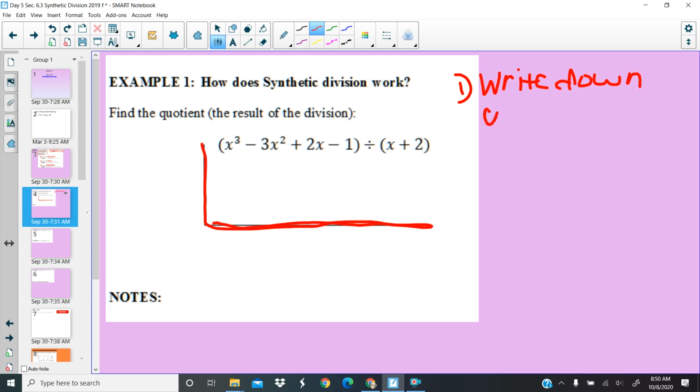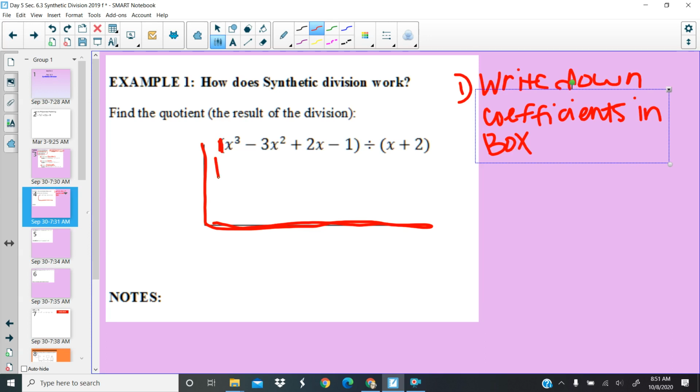Write down coefficients in box. Our coefficients are all of those numbers in front of our x's. On our first term, x cubed, if it doesn't actually show a coefficient in front of it, it has an implied coefficient of 1.